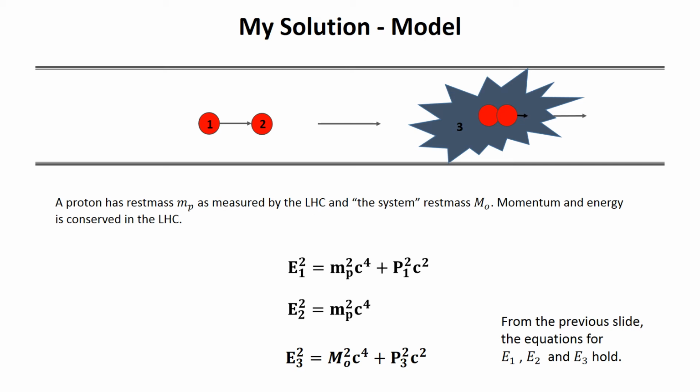But this equation then holds for any particle in the Large Hadron Collider respectively, which in our problem implies the moving proton, the resting proton, and the system after the total collision, which is equivalent to a new particle.